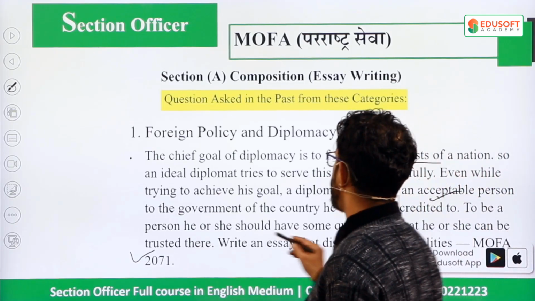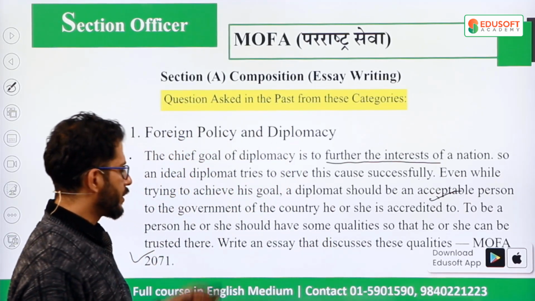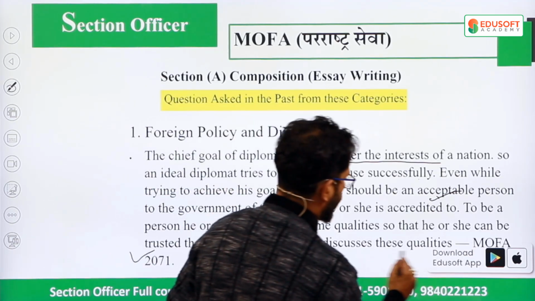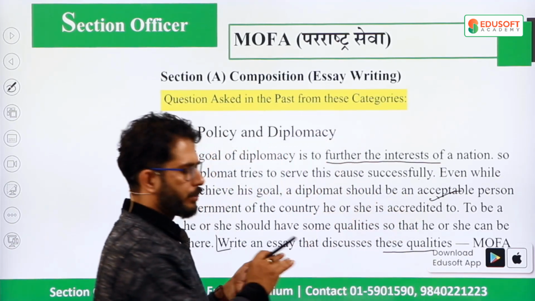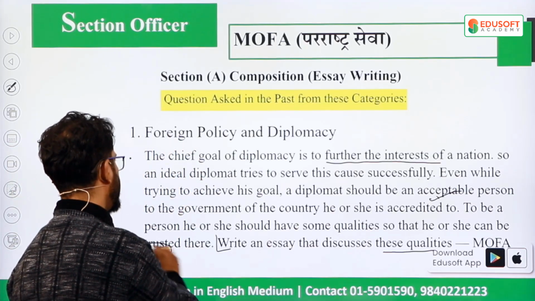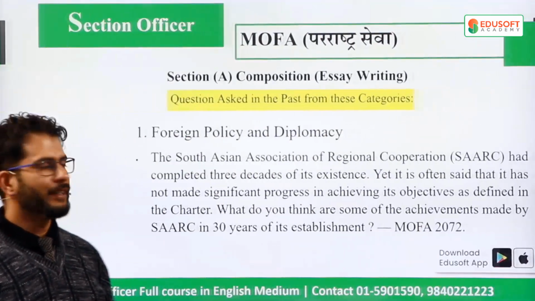Now, to be such a person, he or she should have some qualities so that he or she can be trusted. This is your task, students: write an essay that discusses these qualities. What are the qualities? You need to write the essay on that. And this essay is also based on foreign policy. It's not the end.